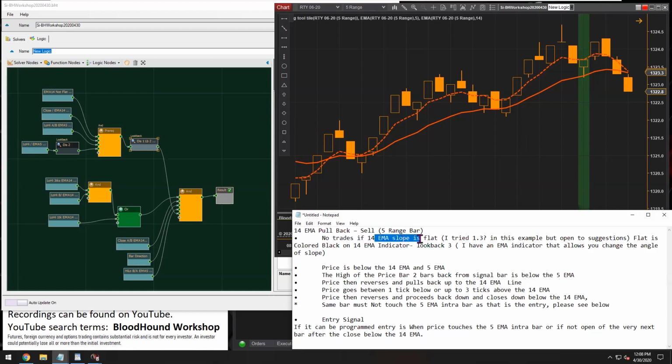When we were talking about the slope being flat, Weldon is asking, is slope a visual or a math of rise over run? Slope is always a math. The engineering definition of slope is a math of rise over run.